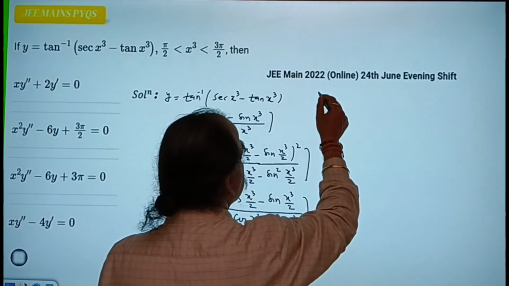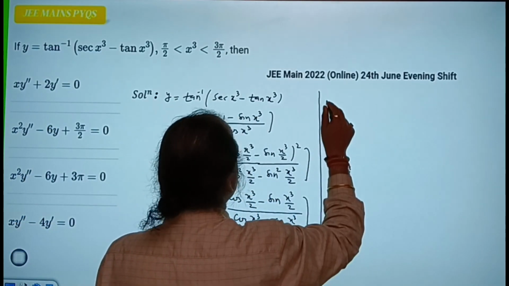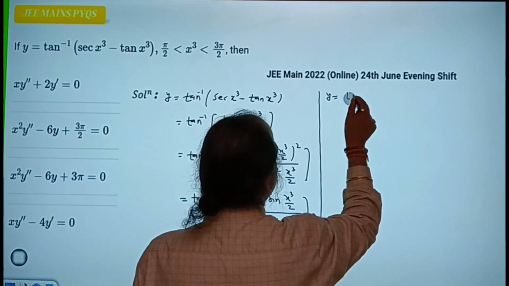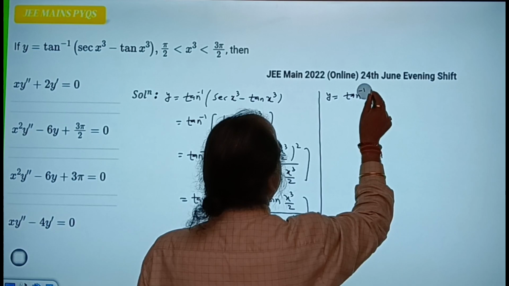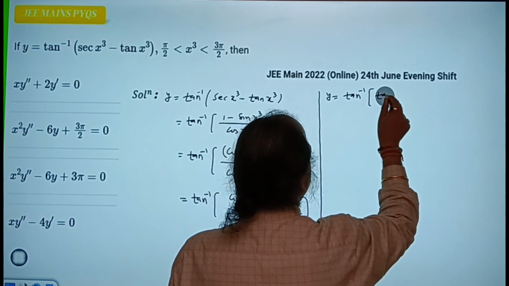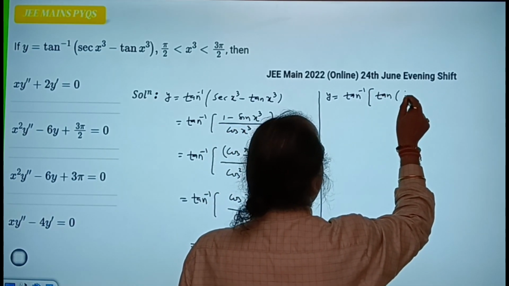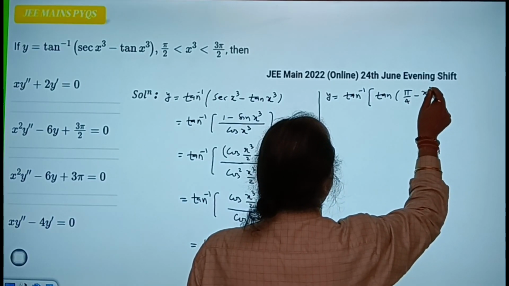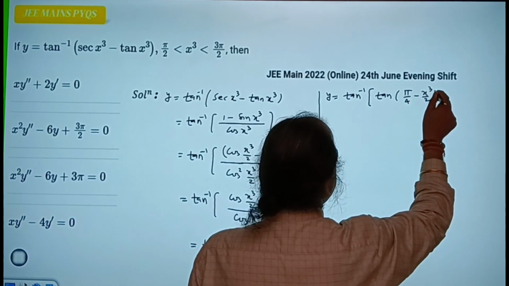which is nothing but y is equal to tan inverse of tan (pi by 4 minus x cube by 2).